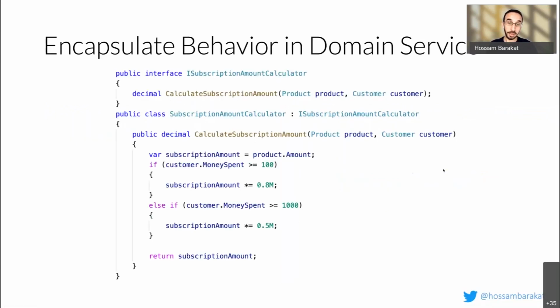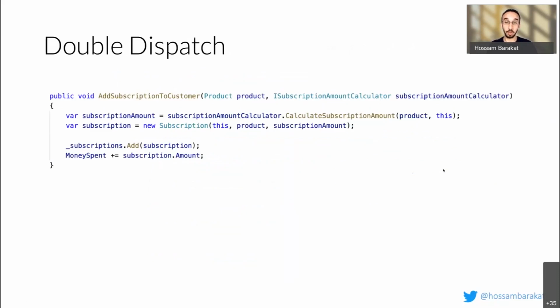The next thing is we introduced a domain service, and that domain service had the logic of calculating the subscription amount. The reason we introduced the domain service is that behavior didn't belong to either the product nor the customer. Finally, we used double dispatch to call the domain service as a part of the domain logic rather than as a part of the handler.